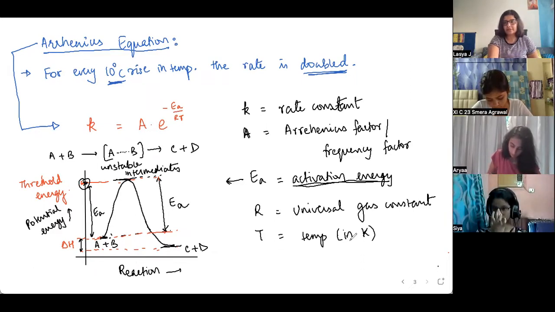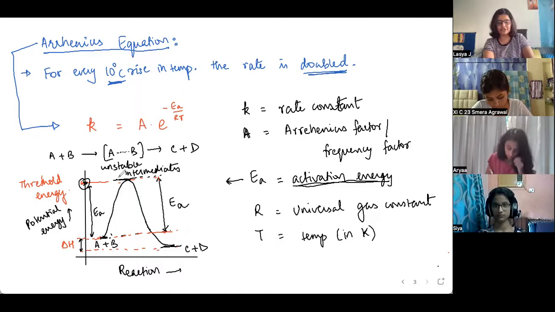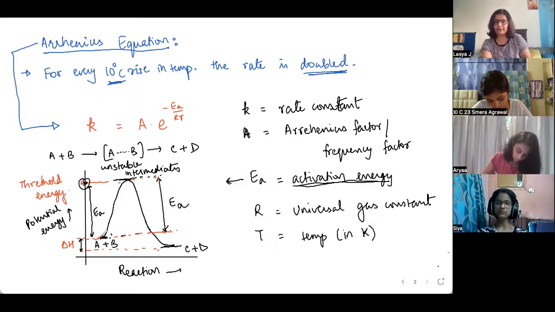At a macro level, threshold energy is the minimum potential energy of the reacting species. But at a molecular level, if you have to understand what threshold energy is and how much it is, you can think of it as the kinetic energy required by the molecules so that the reaction can happen when they collide.